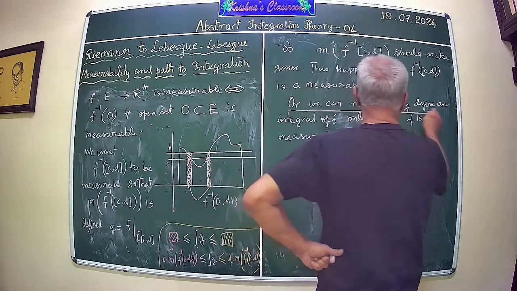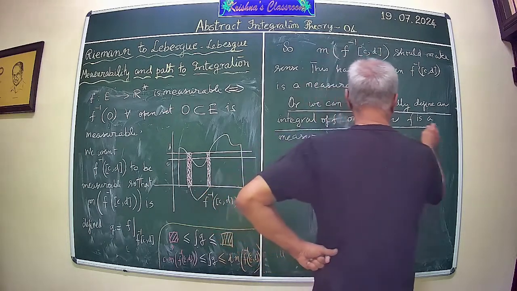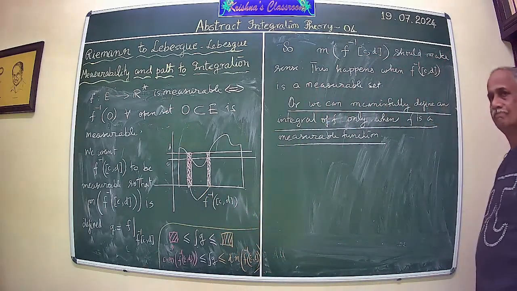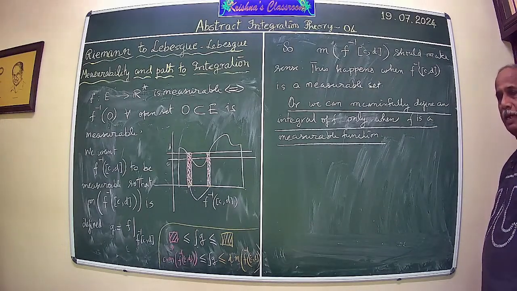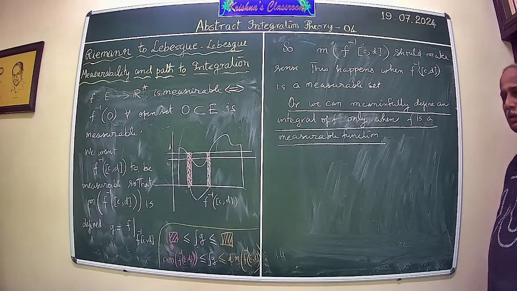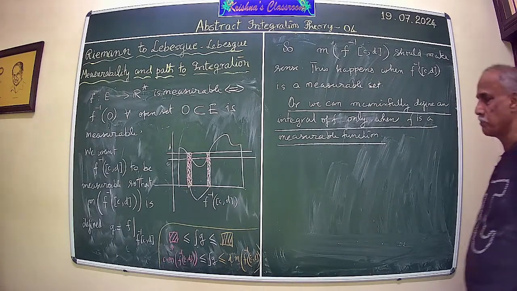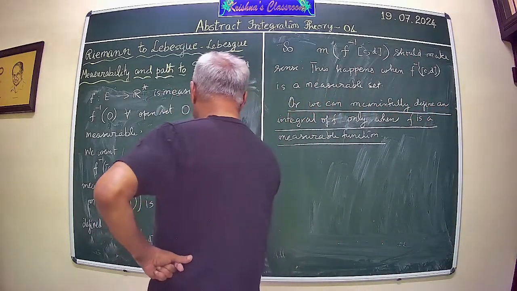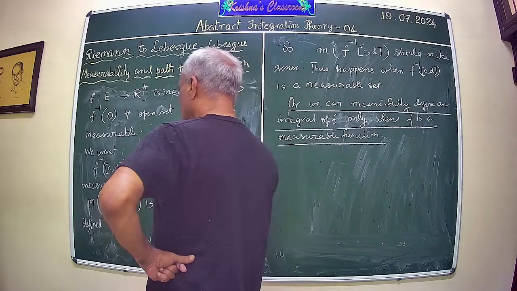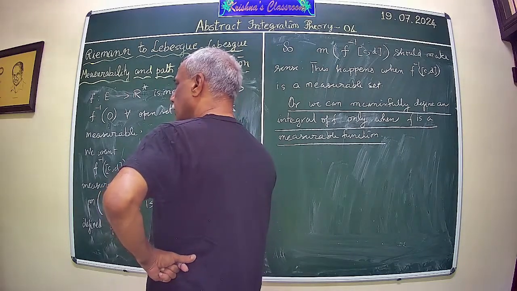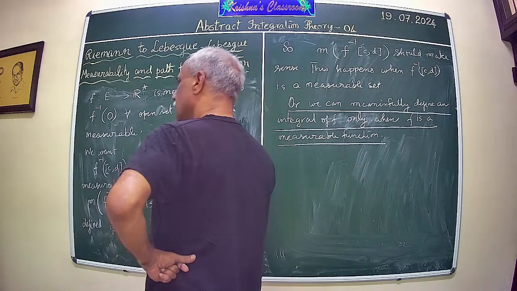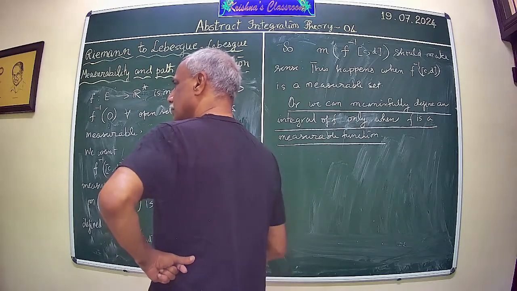So this is the important part. Okay, that's why we talk about measurable functions. Suppose this set is not measurable, what will happen? How do you write a measure for that? Suppose this is a non-measurable set, then there is a problem.